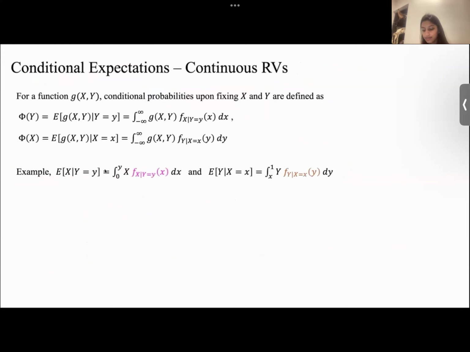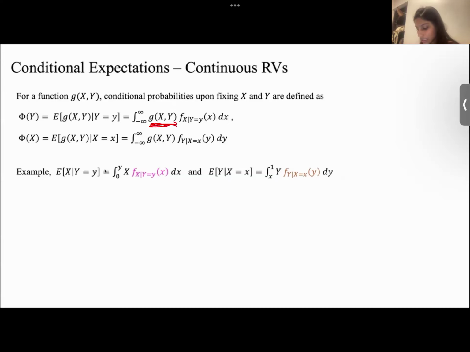And now similarly, like you had the conditional probabilities for these bivariate distributions, you similarly have expectations as well. So let's just see how you calculate these. The expression is the same thing. Any value that the random variable could take. The random variable could be one value, or it could be a function of both x and y.